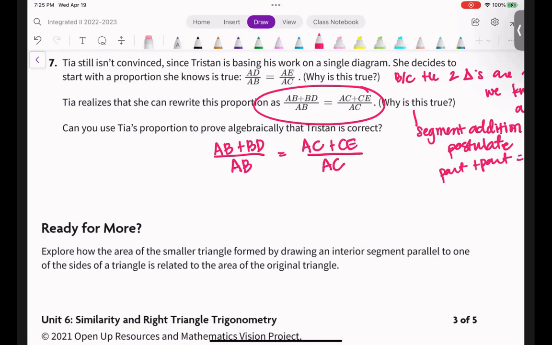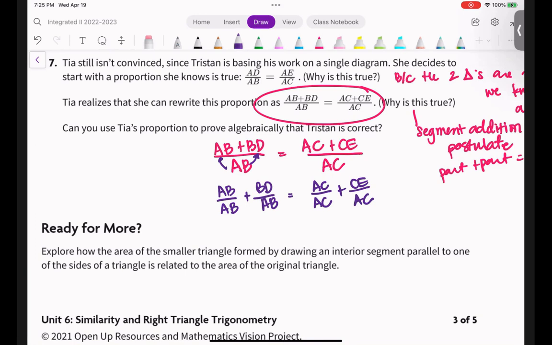But what I'm going to do is distribute the division for each one. So it's going to look like this. AB over AB plus BD over AB. See how I distributed this division here and here? I just separated them. And I'm going to do the same thing over here. AC over AC, plus, not equals, sorry, plus CE over AC.